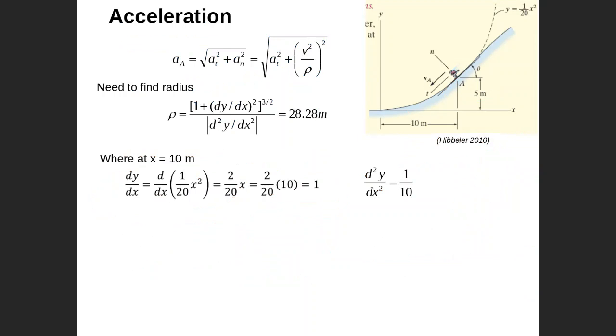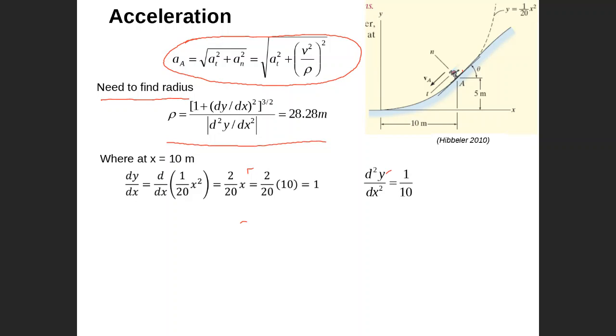Now let's focus on acceleration. We have curvilinear motion, and acceleration will have two components: tangential component and normal component. To estimate acceleration, we will need to estimate the radius of this arc, of this particular arc.